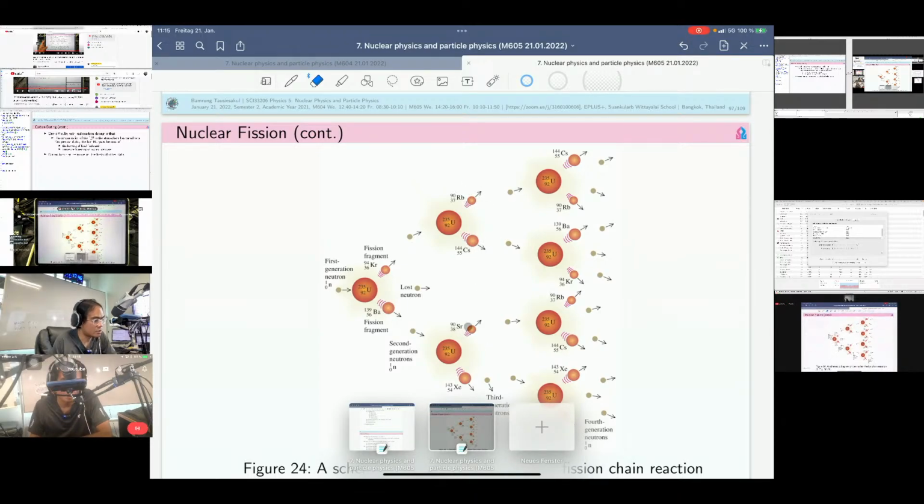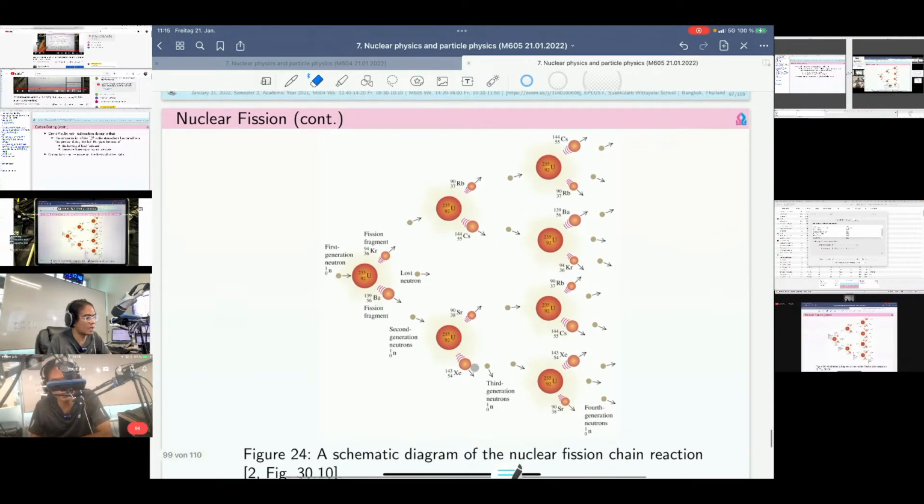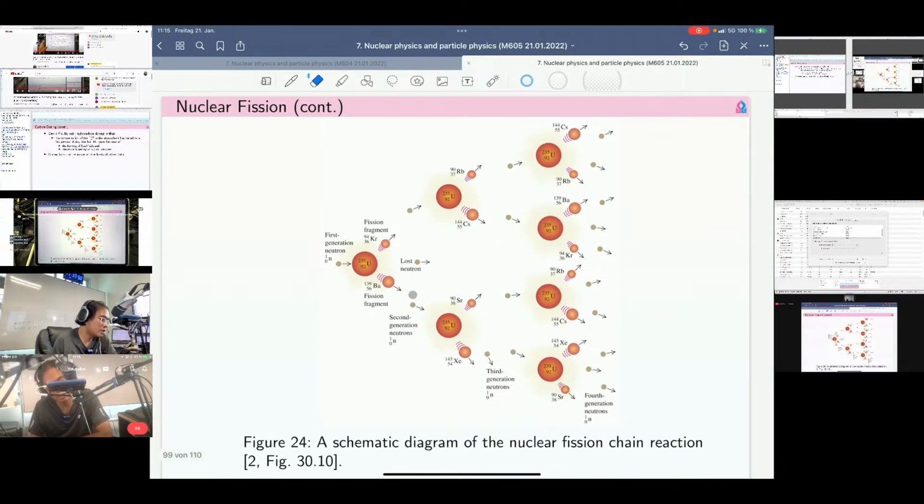And here is the second generation of the neutron, right? Here is the third generation of the neutron, and it will hit the next uranium-235, and we could get cesium, rubidium, barium, krypton, rubidium, cesium, xenon, and strontium, and we will get further neutrons, and they will hit the next round of uranium-235.